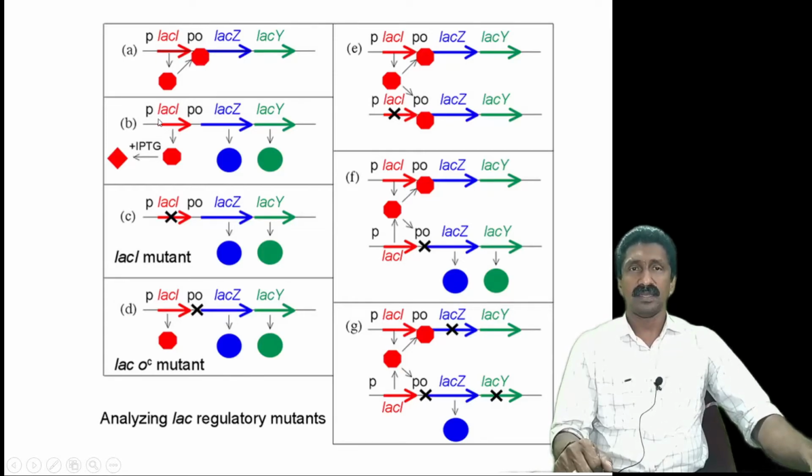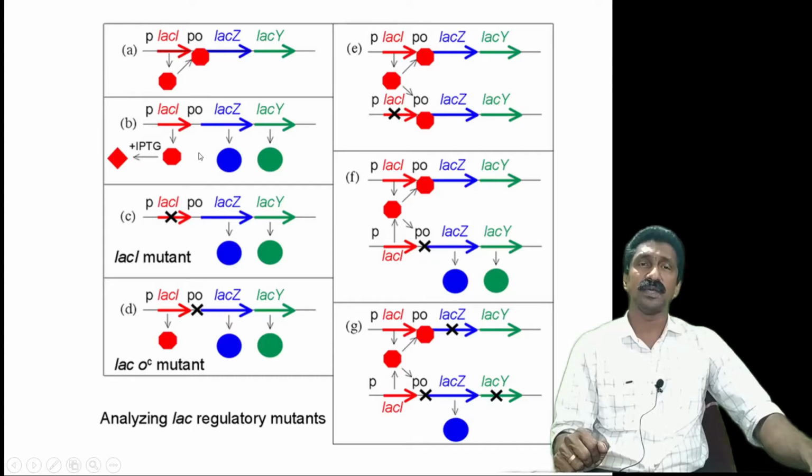And in the second case, we have a lac repressor which will interact with IPTG. In the presence of this IPTG, the repressor molecule is removed, and it will not bind to the promoter region, then transcription will occur, so the concerned proteins will be produced.